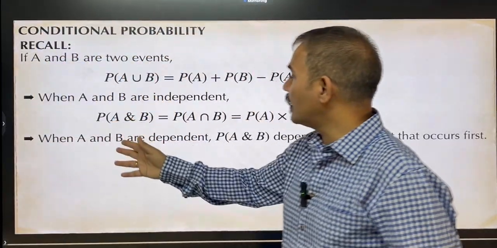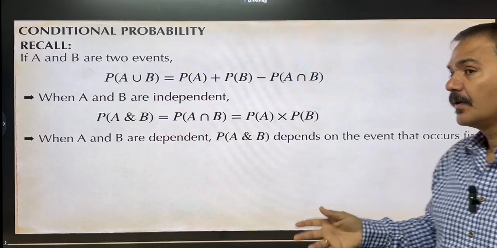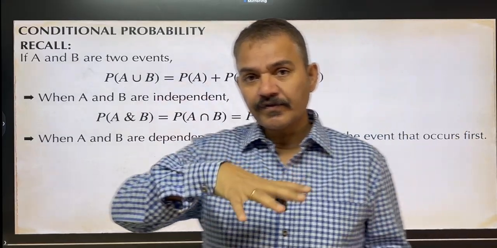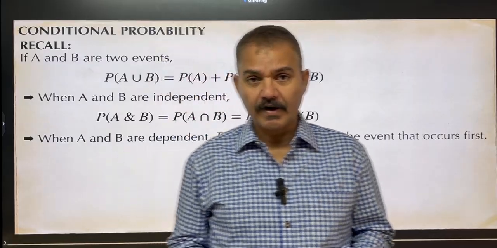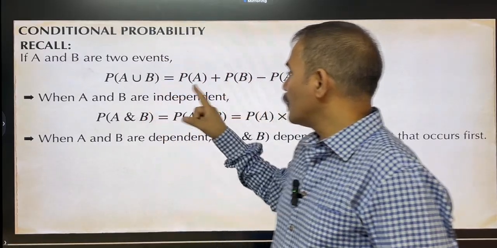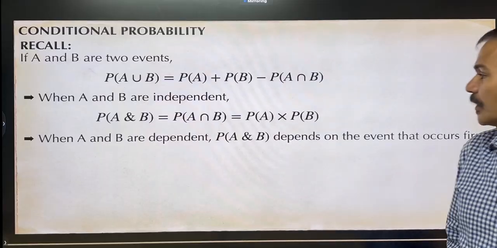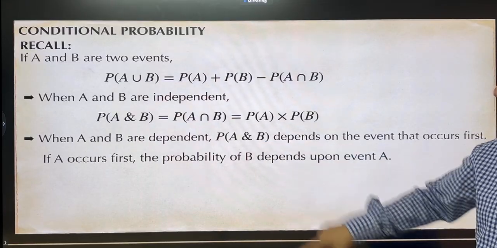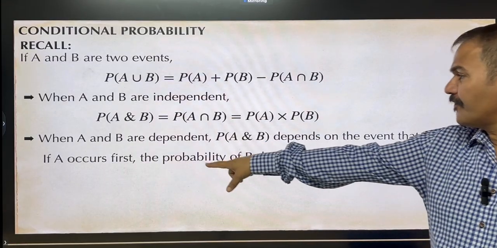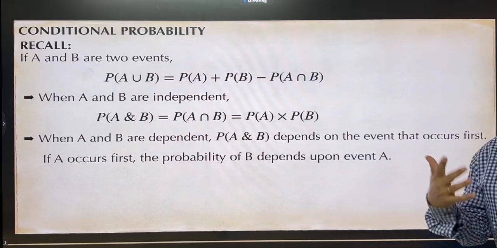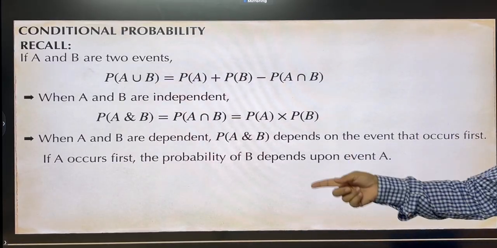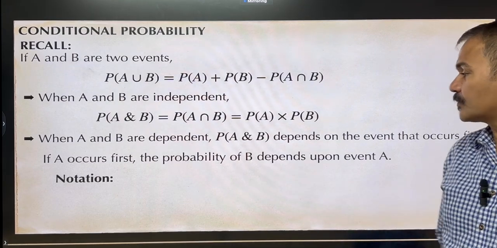If A and B are dependent events, it means the occurrence of the first event affects the occurrence of the second event. In that case, what will be the probability of A and B? If A occurs first, the probability of B depends upon event A. And how do we express this?